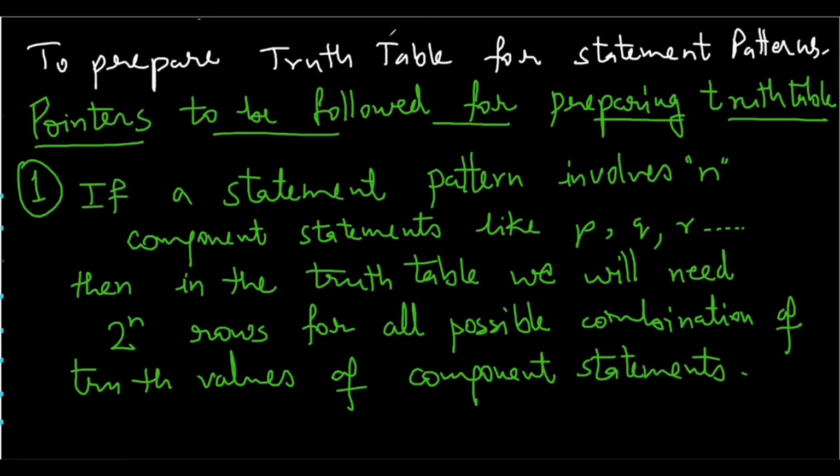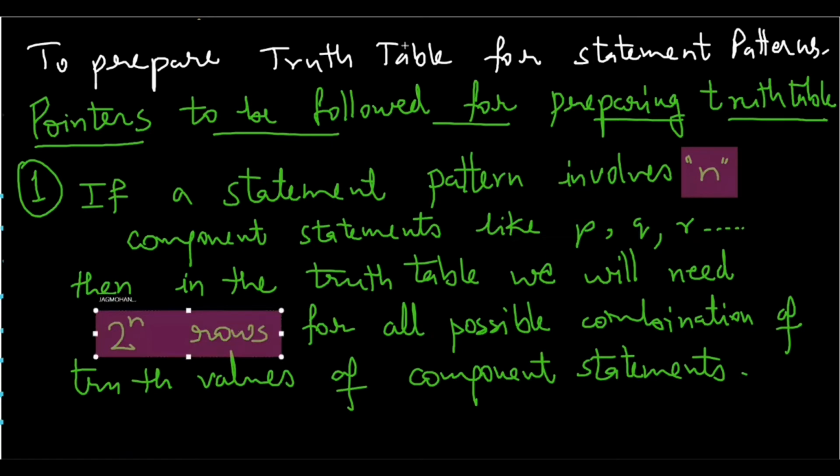So how many component statements, students? N. So if there are n component statements, I will need a total of 2 raised to n rows. Now why 2 raised to n rows? Why not 3 raised to n? Why not 4 raised to n? Why 2?